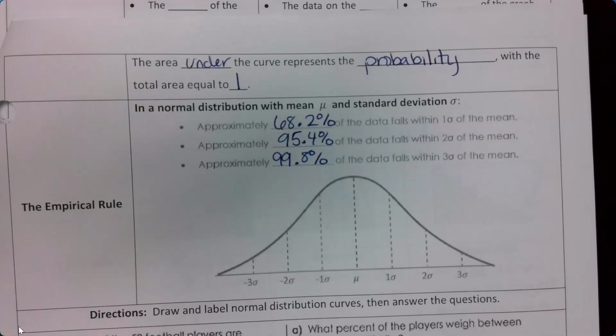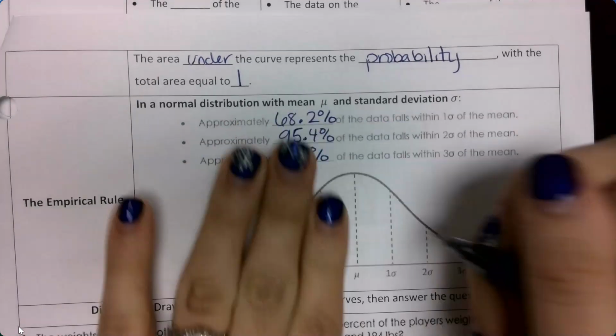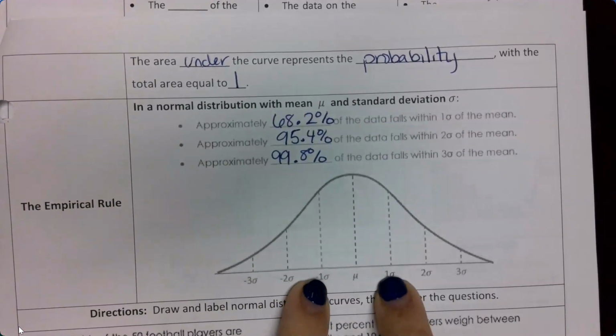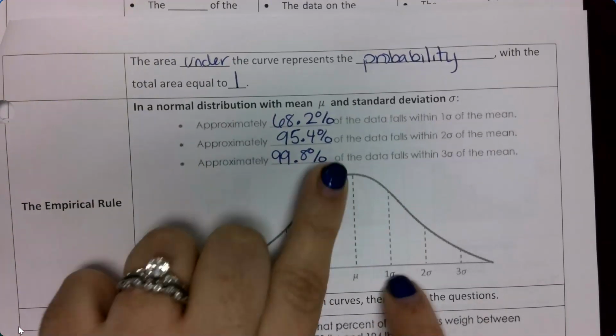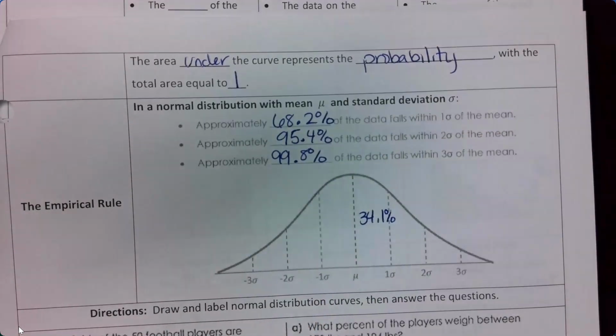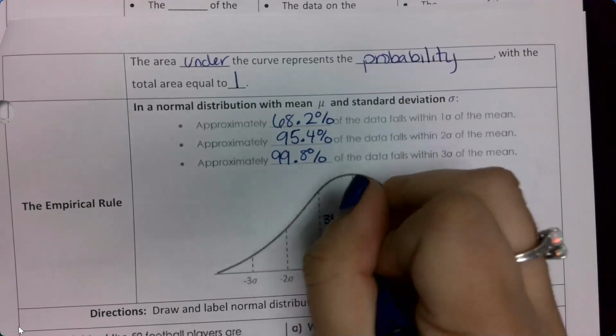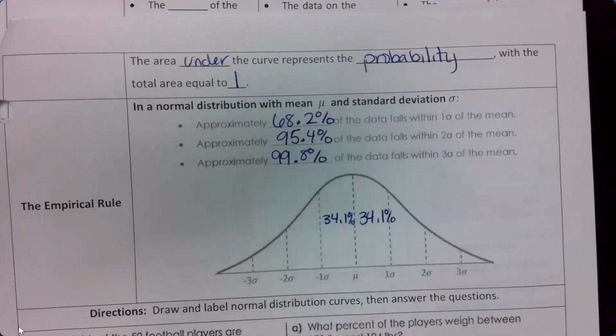So then what I'm going to do is on this one, I'm going to fill in. So if I'm looking at just this half, if between these 2 points is 68.2%, then in the one half is 34.1%. And then this side is also going to be 34.1% because that's the other half. Okay.